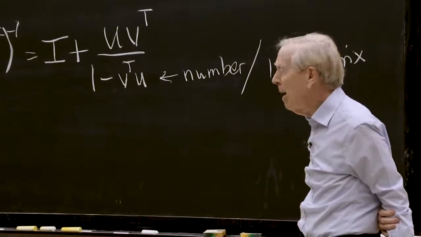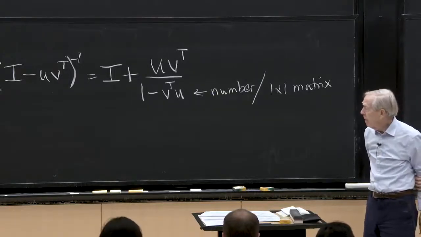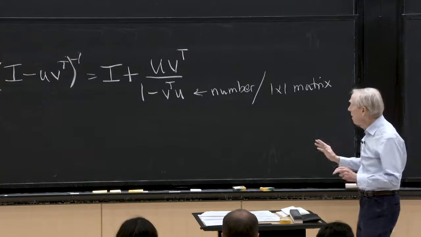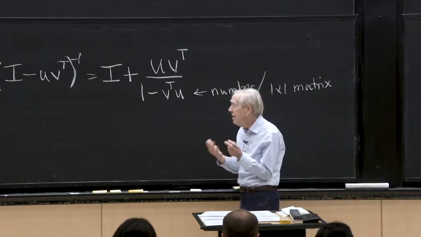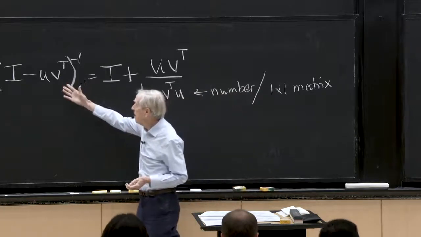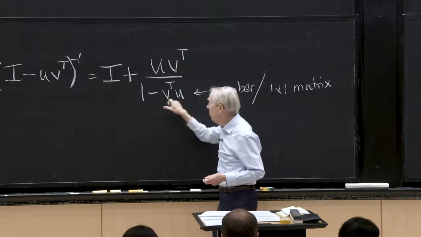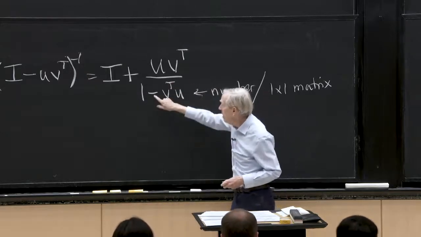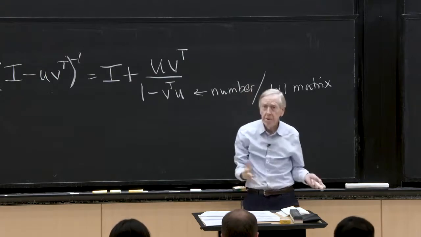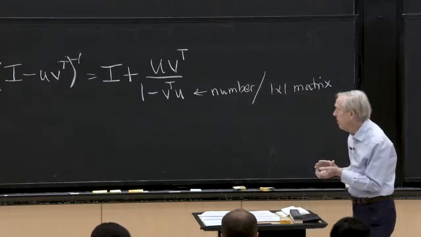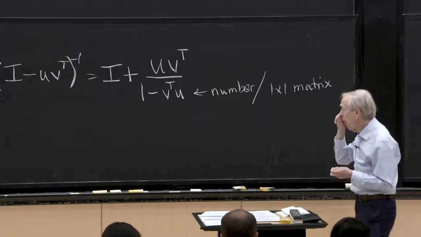One would be, how do you check that this is correct? Again, remember what it's doing. It's pretty neat. It's computing an n by n inverse in terms of a 1 by 1 inverse. It's a number. And that's certainly a favorable exchange. So it's a formula that you want and a formula that's quite useful.